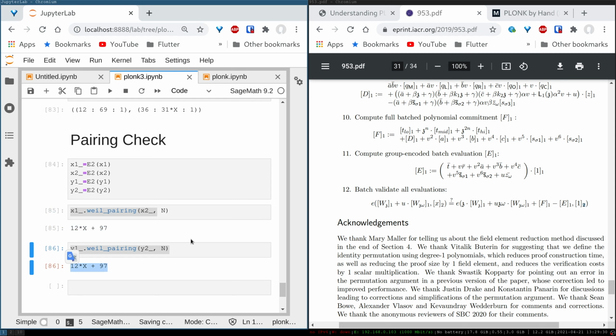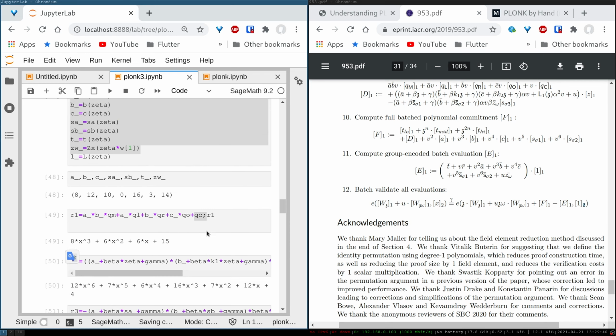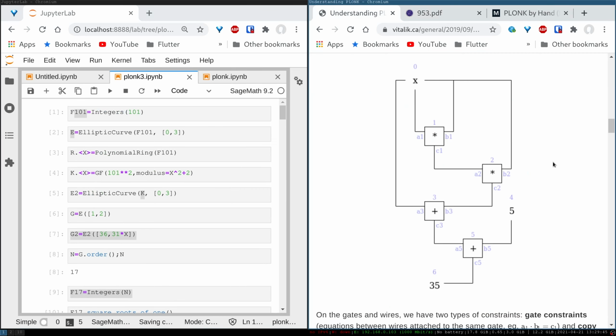All right, that's super tedious, but that's how you can do it. Obviously, a computer will do this way faster, but this is how you can implement this circuit in Plonk by hand. Well, not exactly by hand, but step by step. Let's put it this way.